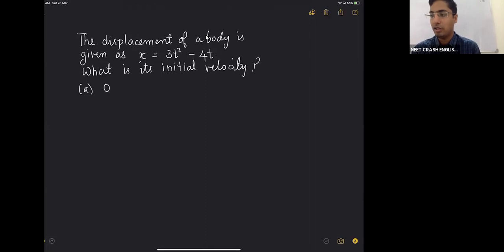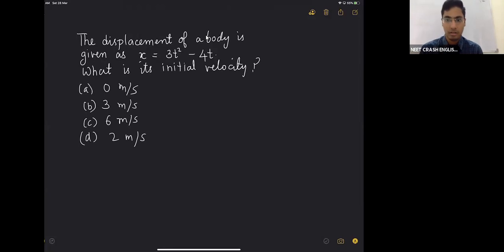A 0, B 3, C 6, and D. Okay, please give me an answer for this based on just what we studied. You're given an equation for displacement, and based on this I want you to answer what its initial velocity would be.